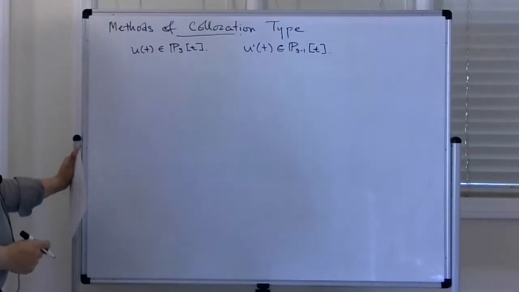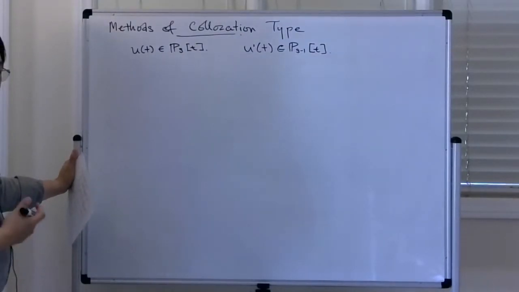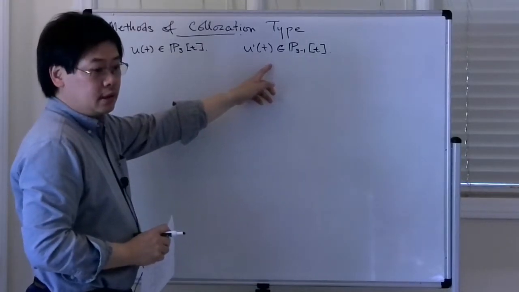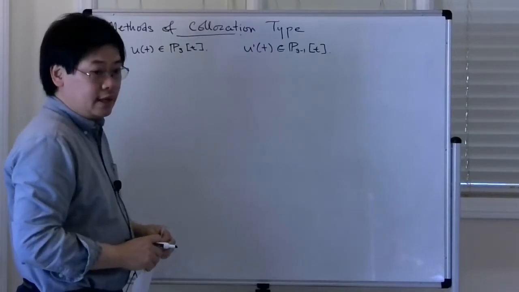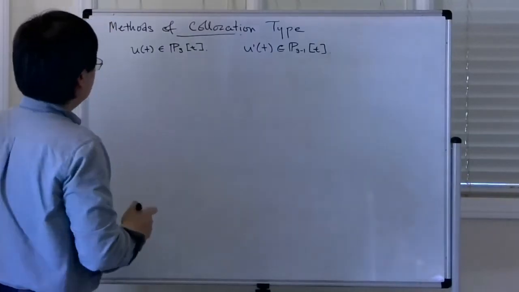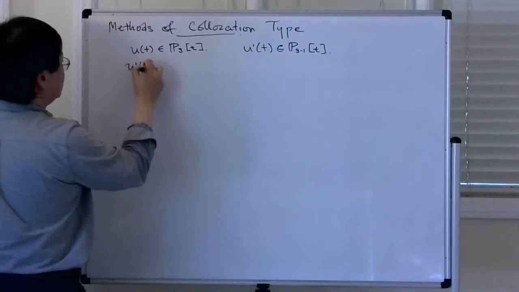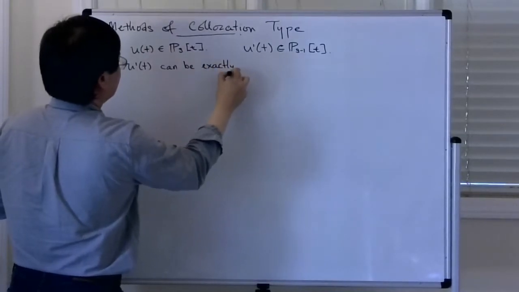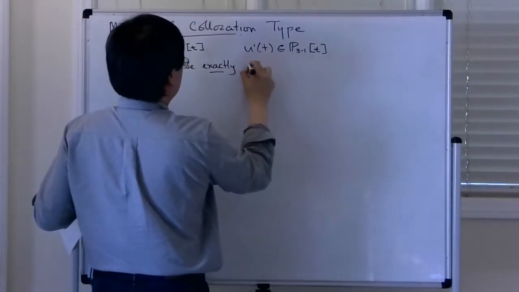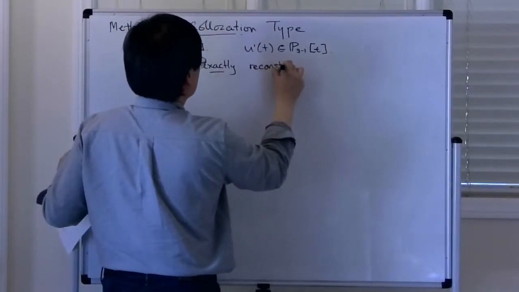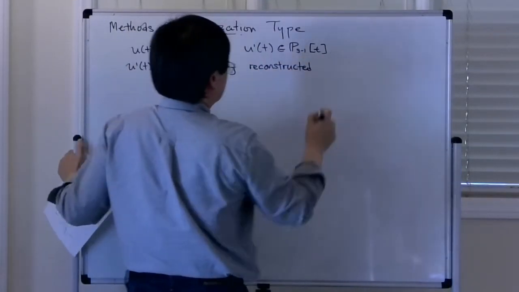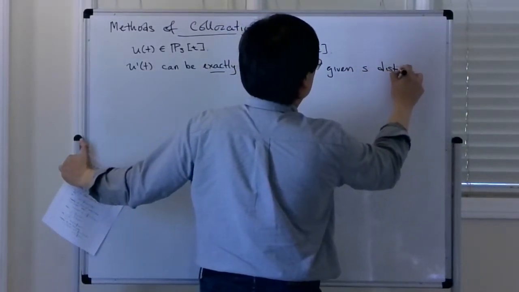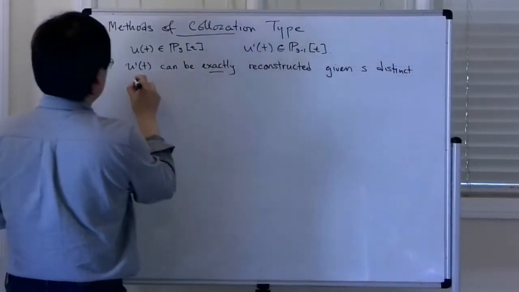And you know that if you have a polynomial of degree s minus 1, then it is uniquely determined if you happen to know what its value is at s distinct points. So u prime of t can be exactly reconstructed given s distinct sample points.